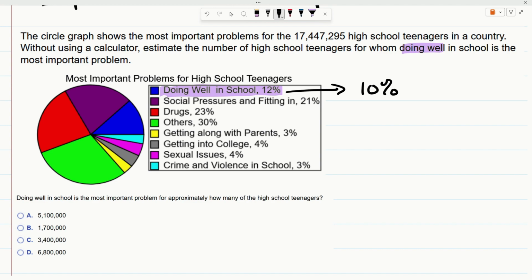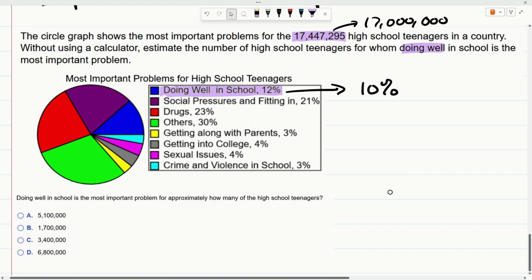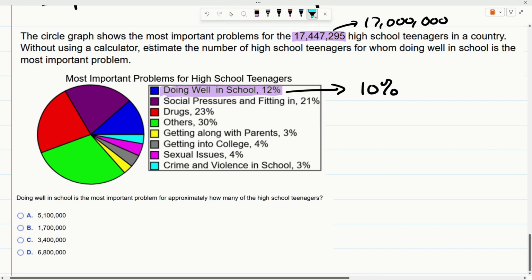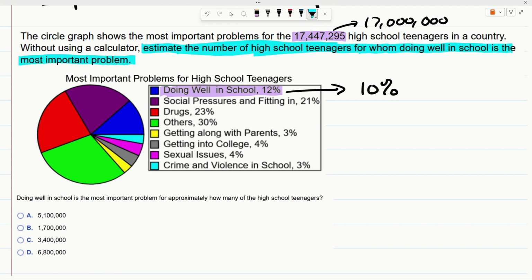That's the first thing. Second thing, well, if we're going to round that, we might as well round the number of teenagers. So I'm going to round this to the nearest million. So we're going to call this 17 million. Now, the question that they're really asking us, and I'm going to highlight it here in a different color, is they want us to estimate the number of high school teenagers for whom doing well in school is the most important problem.